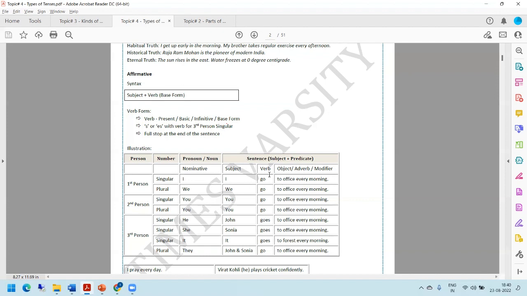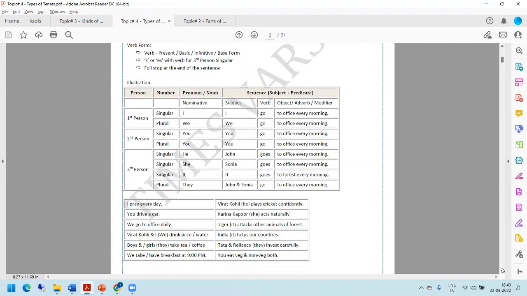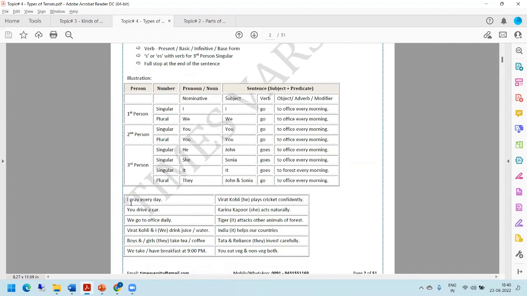So what I have done is I have just divided this sentence into subject, verb, and object. Now we will look at some examples of this one. Like, I pray every day. You drive a car. We go to office daily.